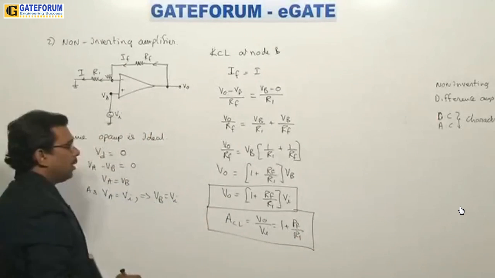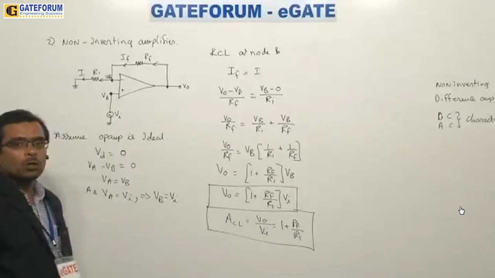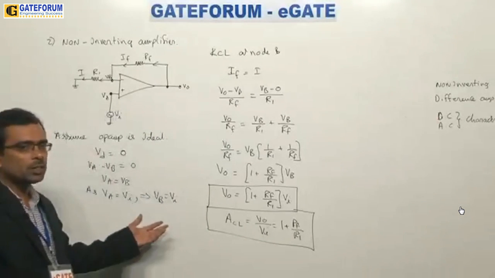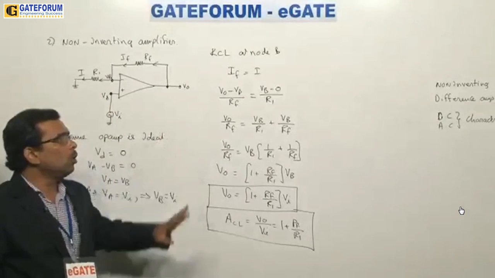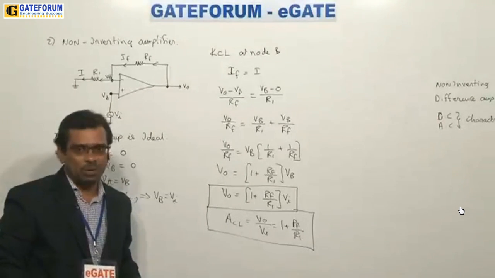As there is no negative sign in this gain, there will be no phase shift in this case. Whatever input you give, the same shape is obtained at the output. This is what we understand from the non-inverting amplifier.